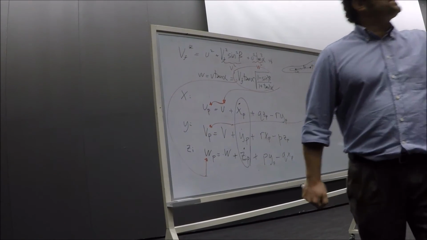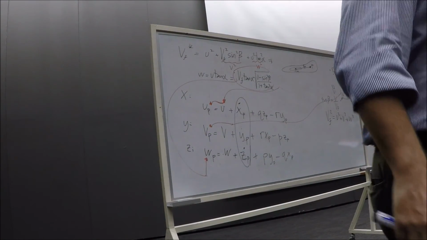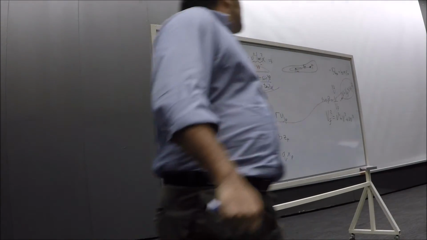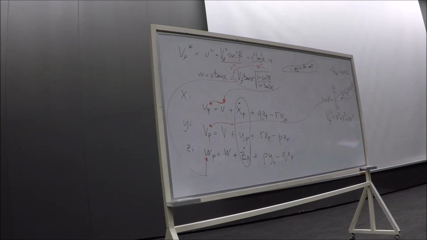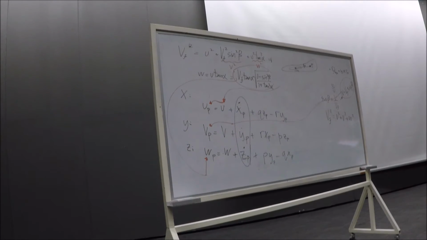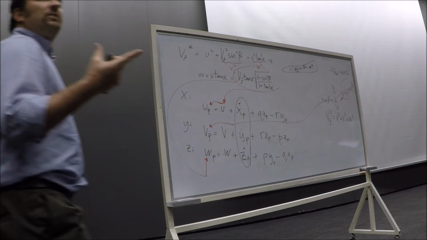Okay, why is it not constant? The vector r dot p takes into account the flexibility of the aircraft and of the probe itself.